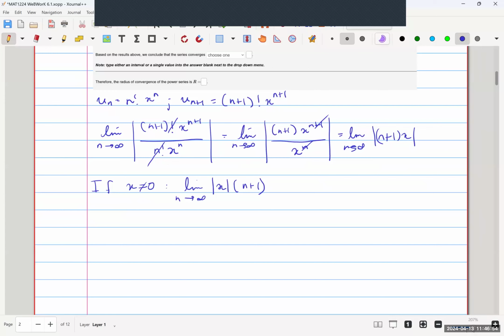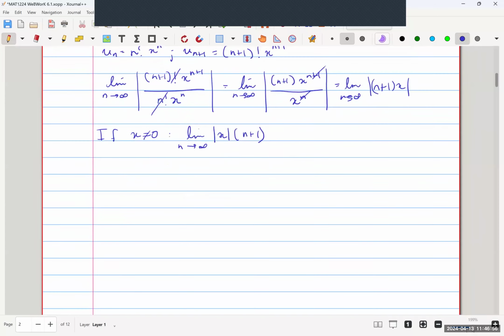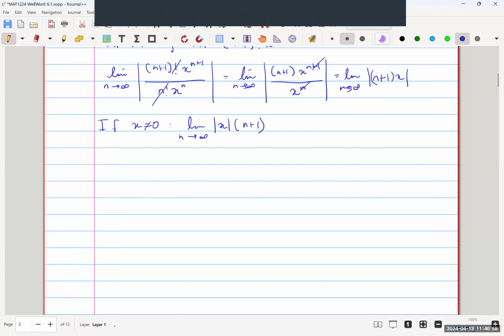The limit approaches infinity as n goes to infinity for any x except x equals 0. Therefore, the ratio indicates divergence for all x not equal to 0.